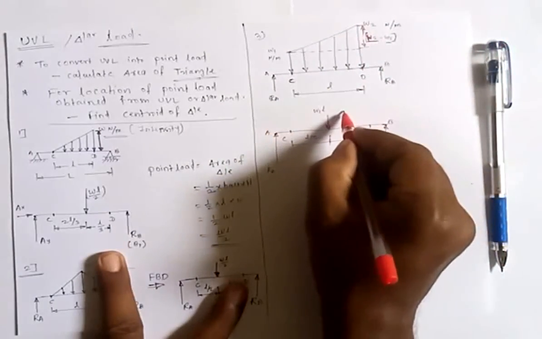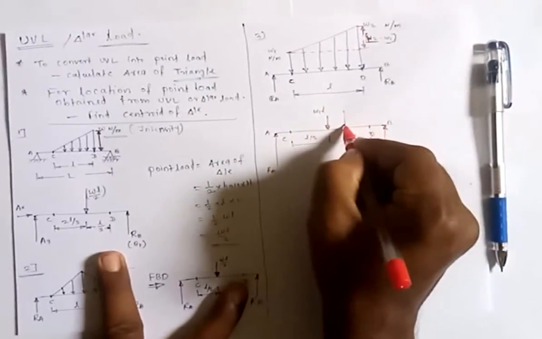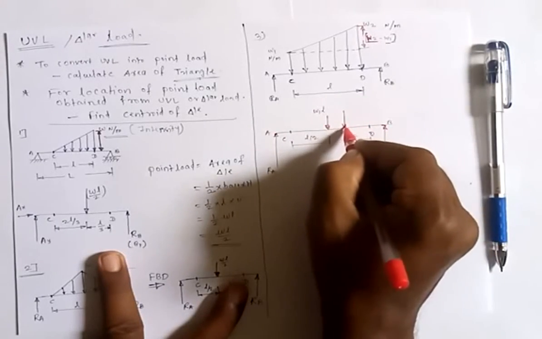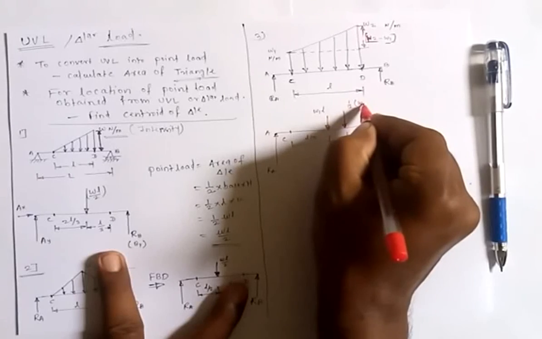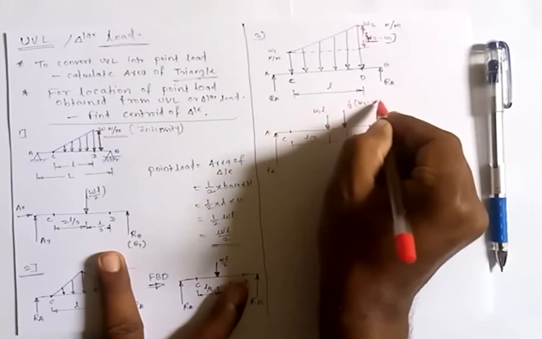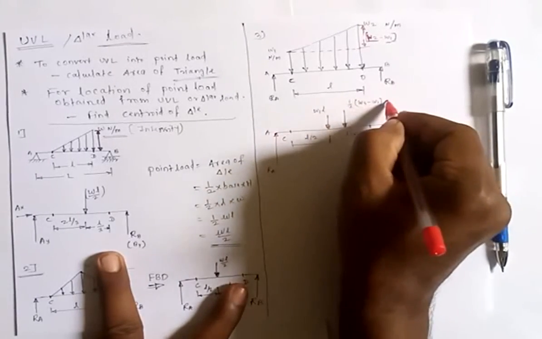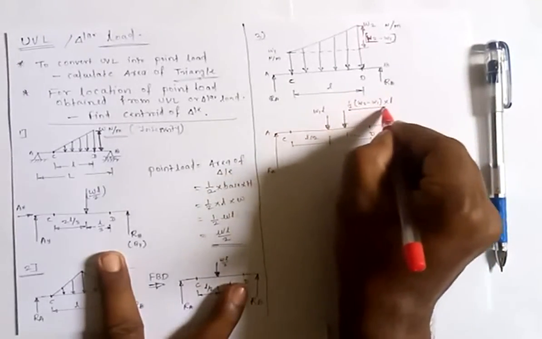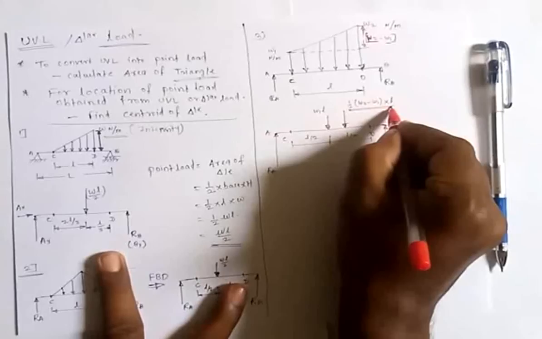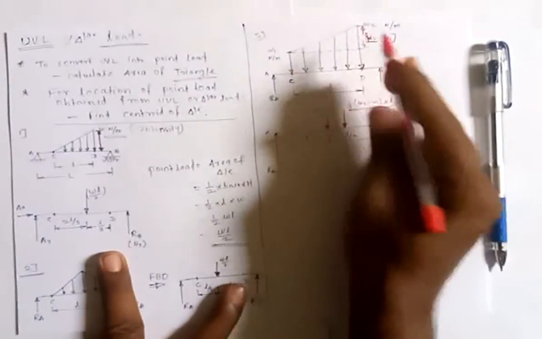So that point load will be half into W2 minus W1, this is height, into base L. So this is the value of the point load obtained from the triangular load.